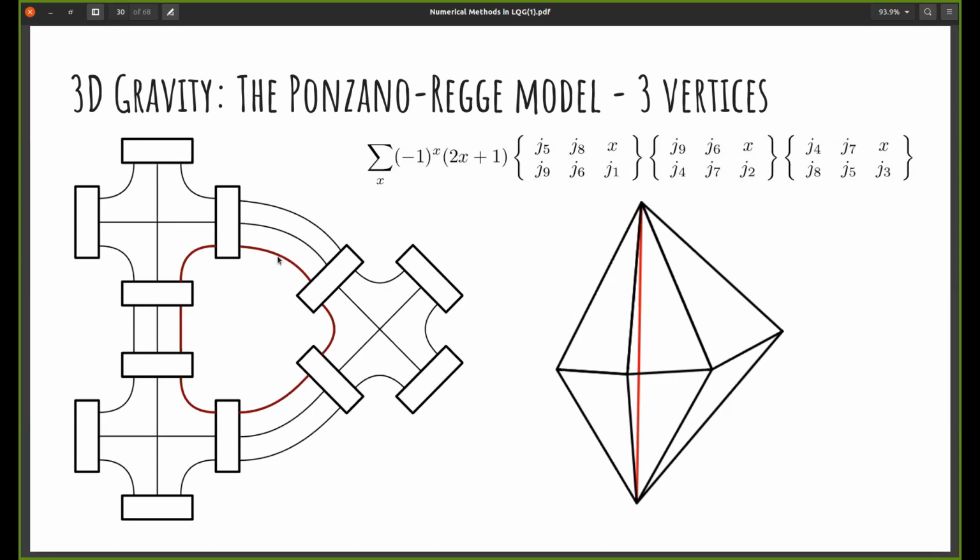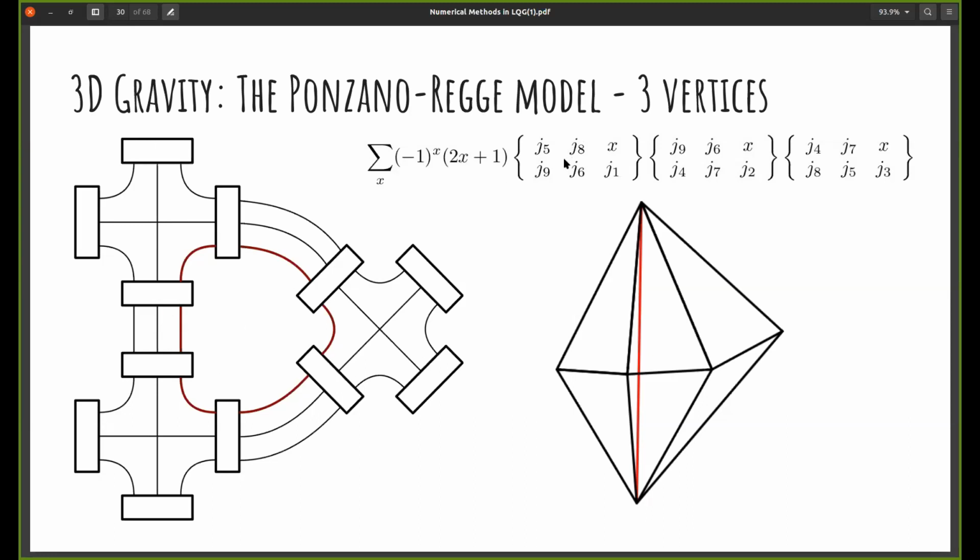So if you want to interpret this geometrically, you have 3 vertices, so you have 3 tetrahedra that very loosely you try to glue together, sharing an internal segment, this red one, and you sum over all the possible lengths of that internal segment. There's an extra phase that comes out just because of the connectivity.